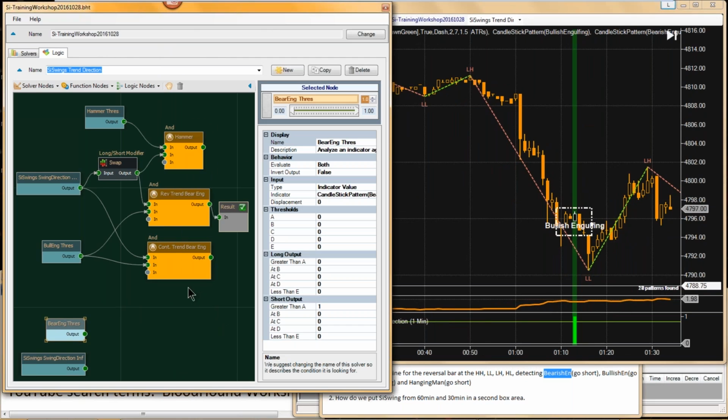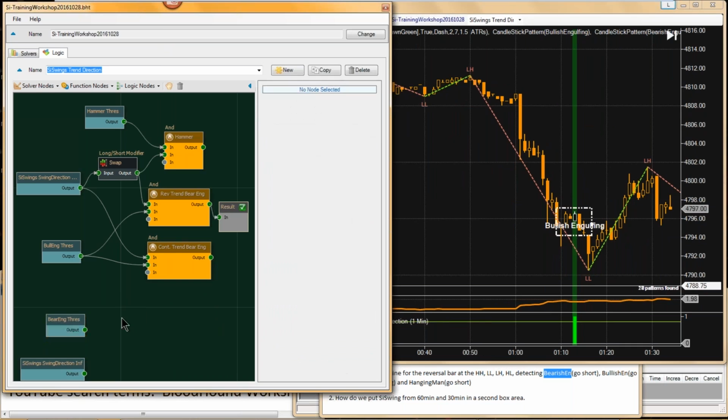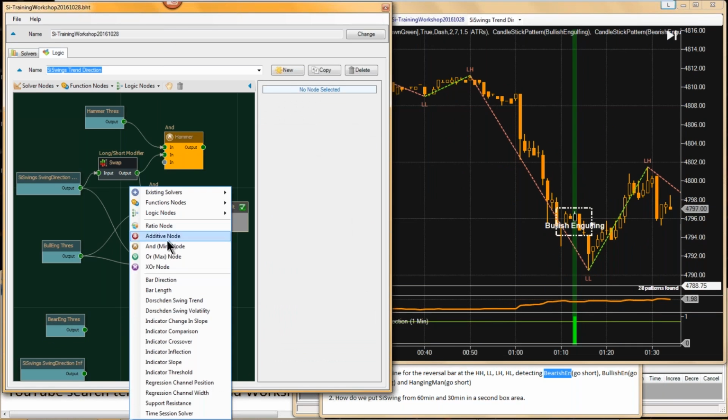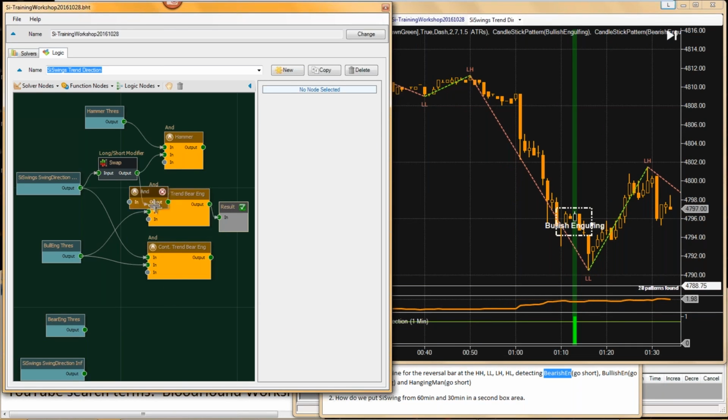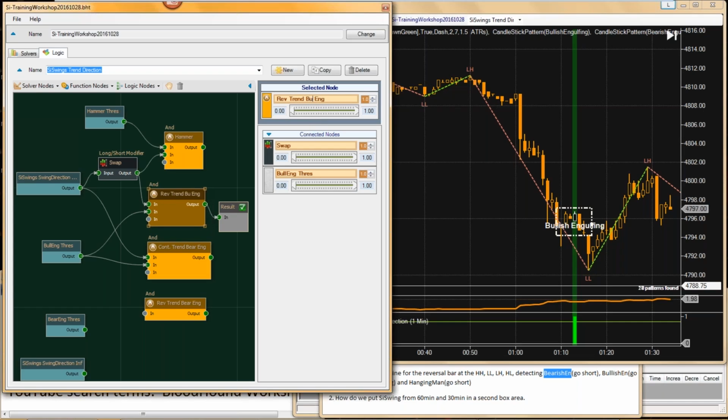All right, and basically you just kind of repeat the same process for the bearish engulfing. So let's drop another AND node on here. And oh, I see. I'm getting my names mixed up here. These two AND nodes are actually bullish engulfing.